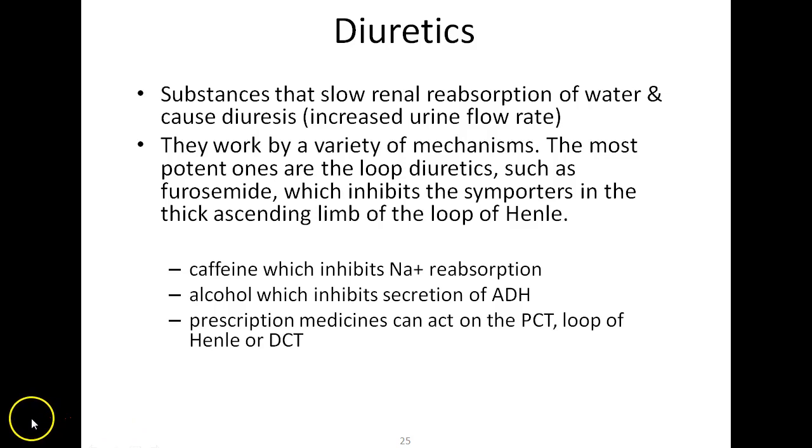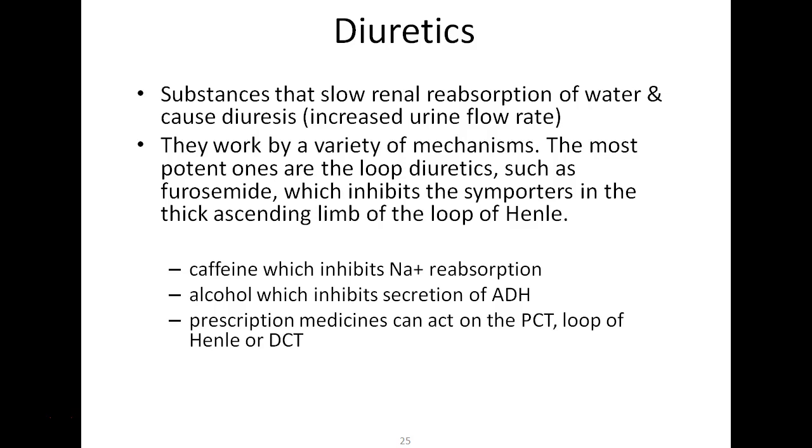We now turn our attention to the topic of diuretics. When we say diuretics, we're talking about certain substances that can slow reabsorption occurring in the kidneys, reabsorption of water, that is, and cause diuresis, that is, an increased urine flow rate.